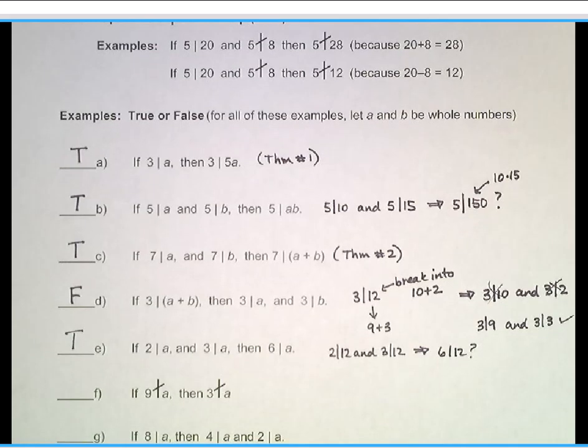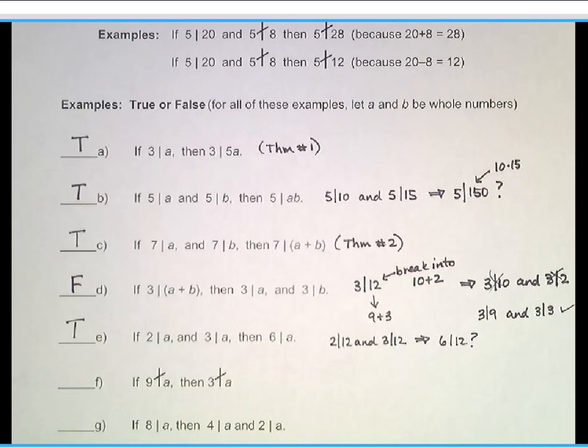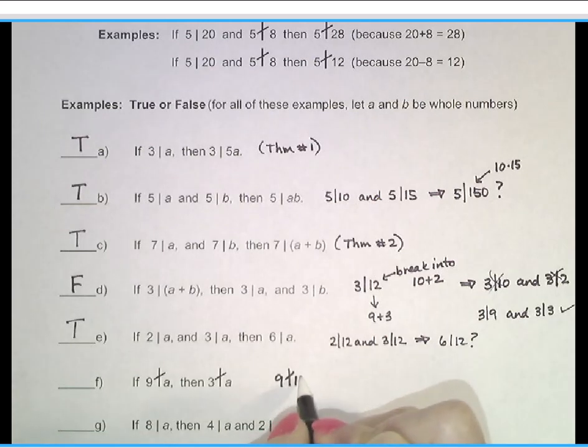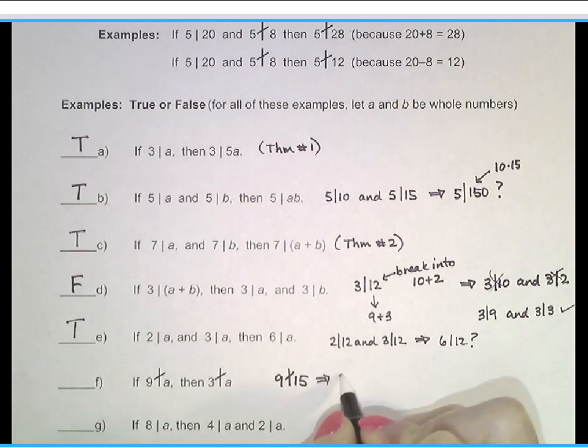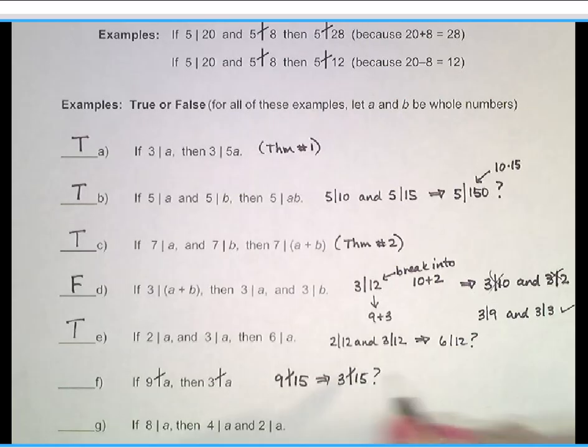All right, how about F? It says, if 9 does not divide a number, then 3 also does not divide the number. So let's see, what are some numbers that 9 does not divide into? For example, like 15. 9 does not divide 15. Does that imply that 3 does not divide 15?